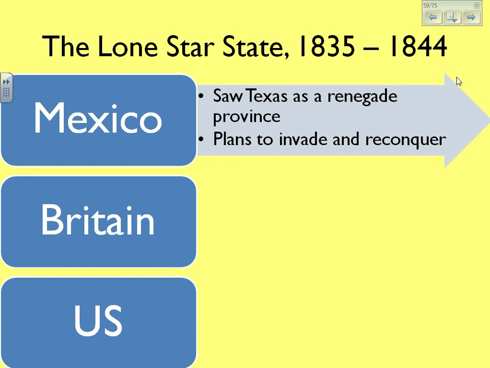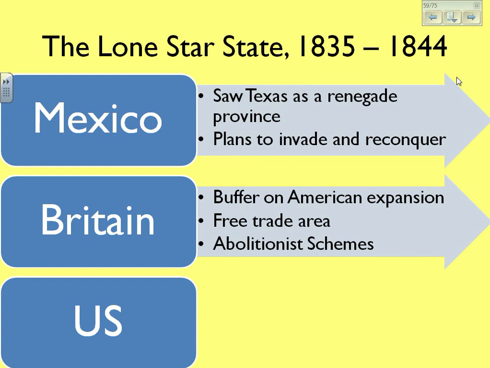Britain's eyeing the whole situation as well and saying, how can we possibly benefit from this? And they see Texas as maybe being a possible ally and a buffer on American expansion as they're encroaching farther to the west. And the abolitionists also see it as maybe making some kind of deal with the Texans where they would free their slaves in return for trading privileges, and that it could be a place for slaves to escape to.